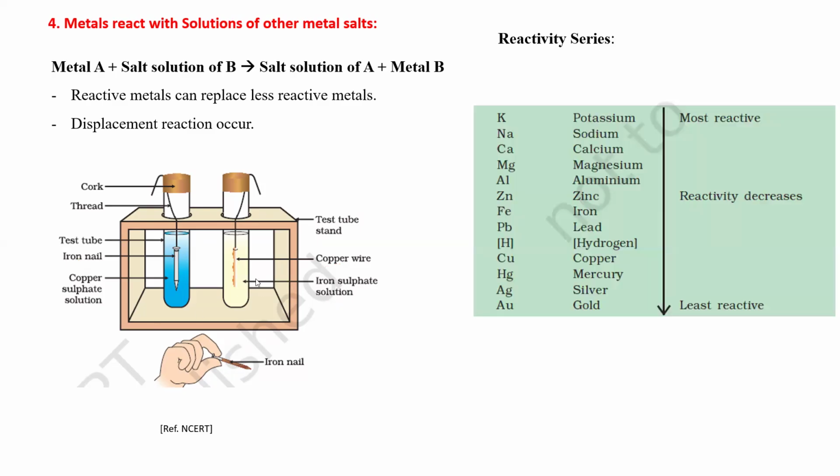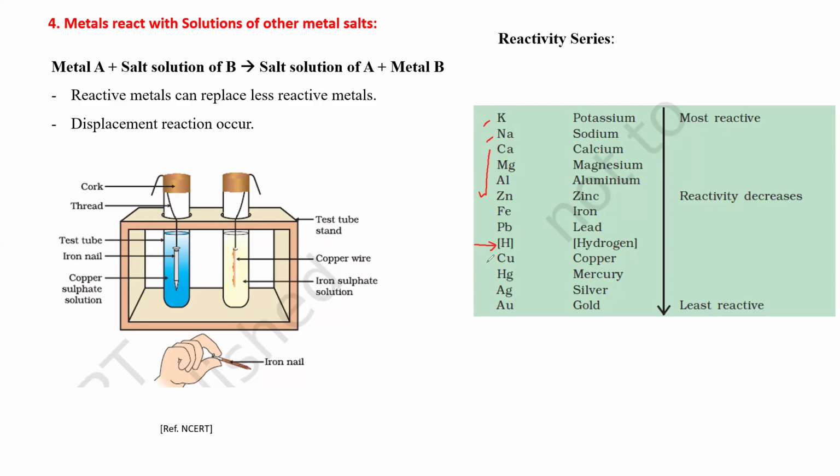Next, on the right side we have the reactivity series. Most reactive, as we have already seen, are sodium and potassium. After that it decreases in this order: calcium, magnesium, aluminum, zinc, and further iron and lead. Hydrogen you can take as the reference.